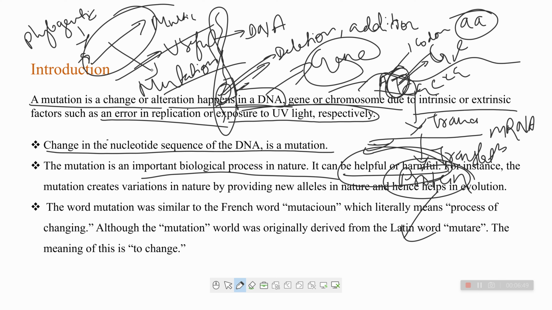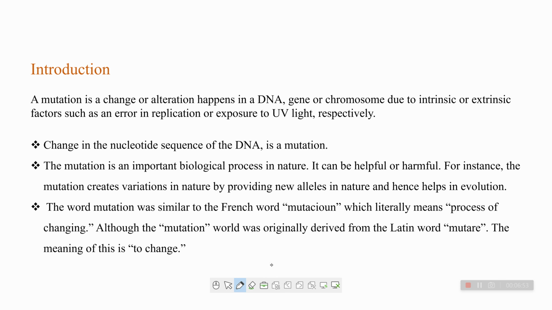If there is a mutation, suppose this is a gene, and the mutation occurs in a single nucleotide: A, T, C, G, A, T, C, G. This is a nucleotide.